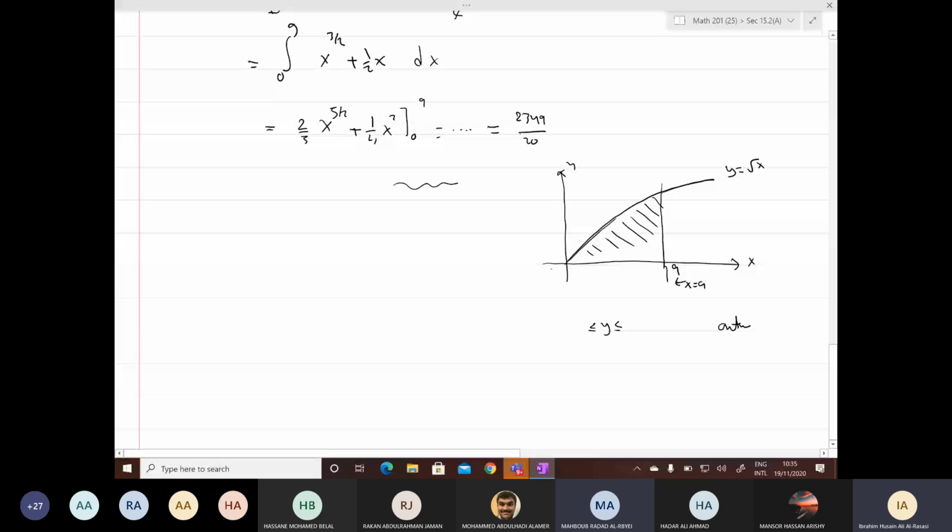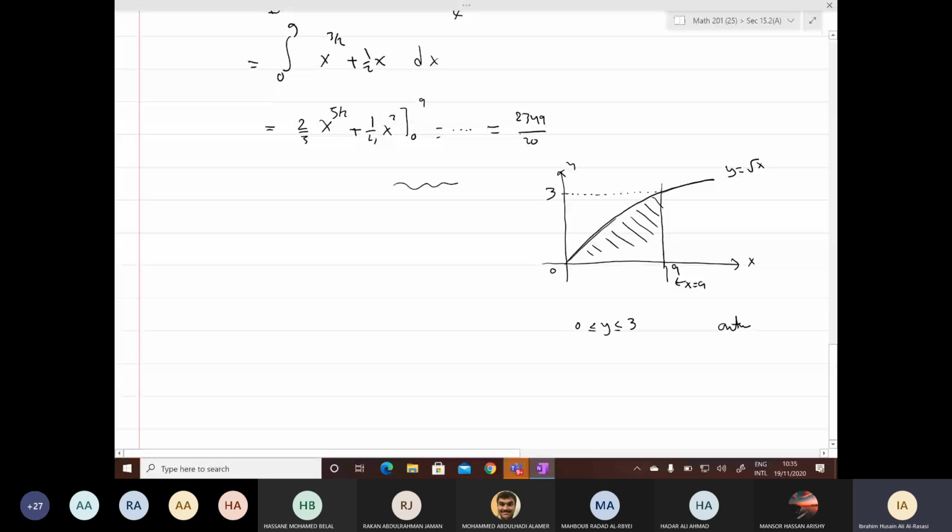So this is 0 until the y here. What is this y here? X equals 9, you substitute, you get y equals root 9, which is 3. So the y interval of the region is from 0 to 3. That's it, 0 to 3, and very simple, not difficult.